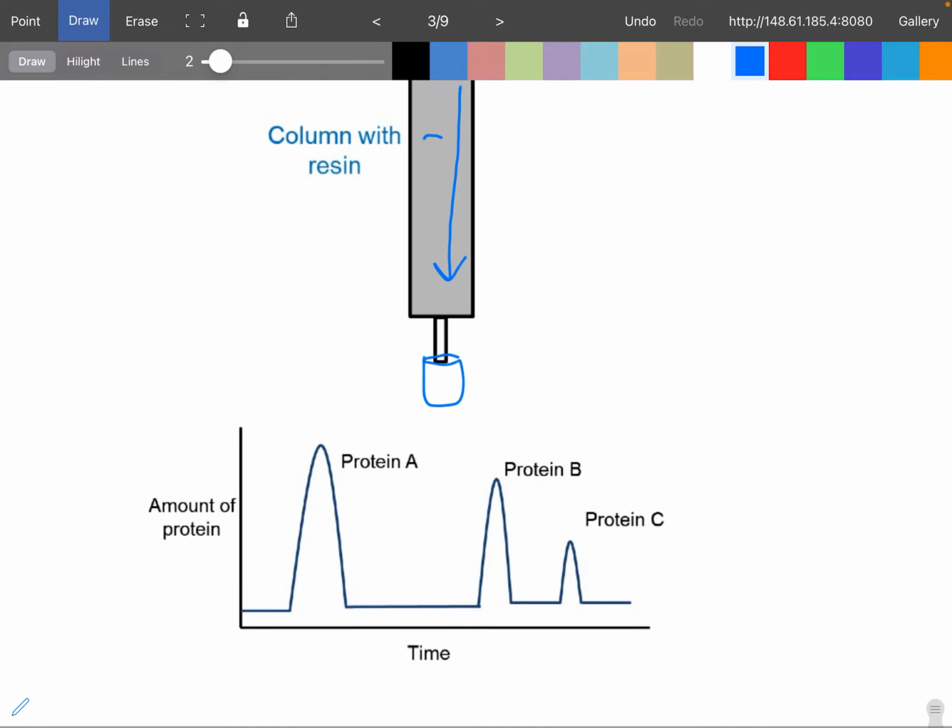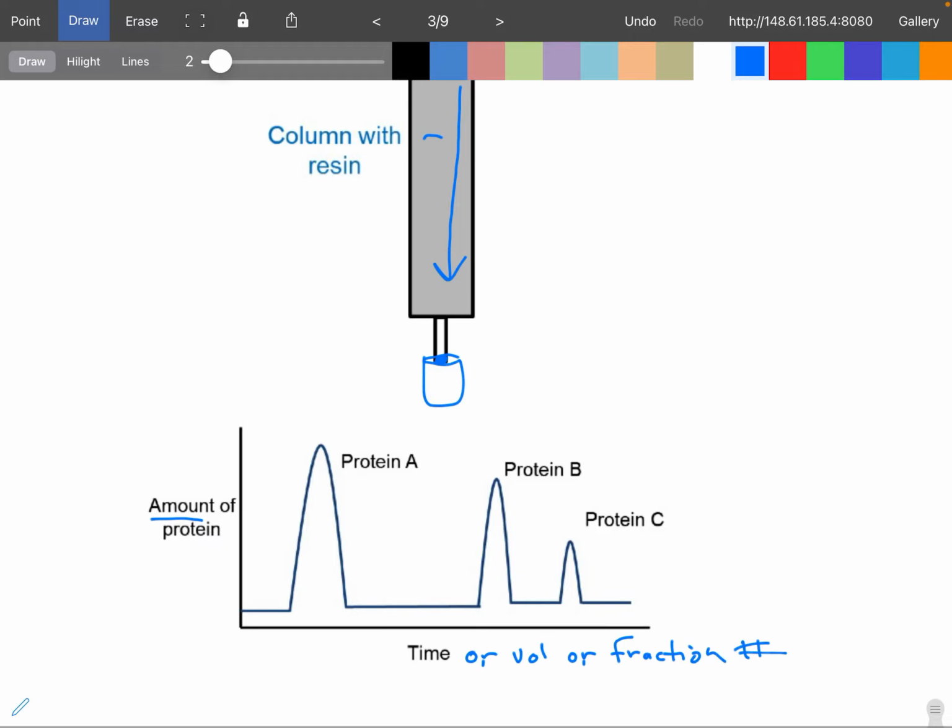And so an elution profile is looking at the amount or concentration of a protein as a function of time or volume or fraction number, could be another option. In any case, we're looking at how the protein concentration changes in what's coming out of this column as a function of time.